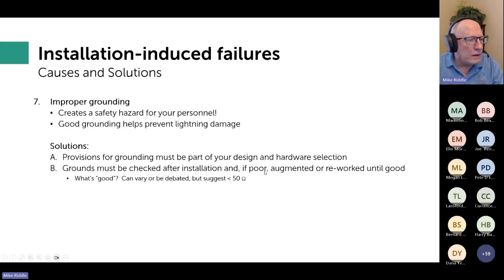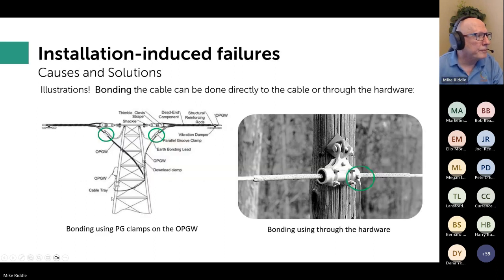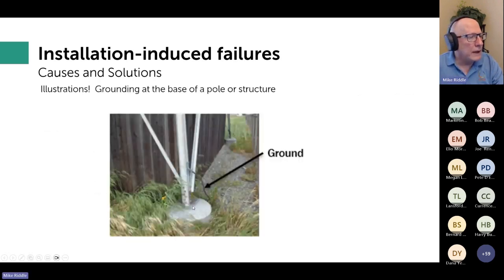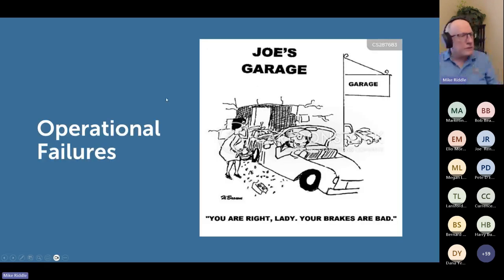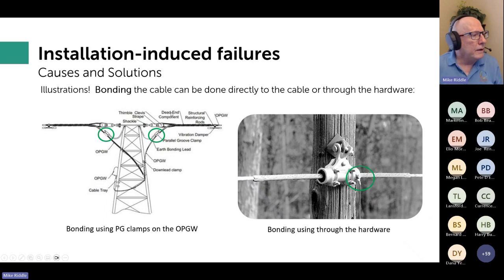A rough guideline to a starting point, 50 ohms is what I've seen from some utilities. And I just want to go ahead and illustrate this. So bonding at the top versus grounding at the bottom. The distinction there is that what you're creating is an equipotential zone.